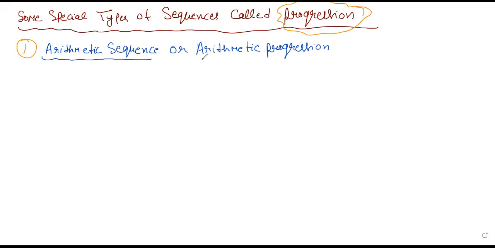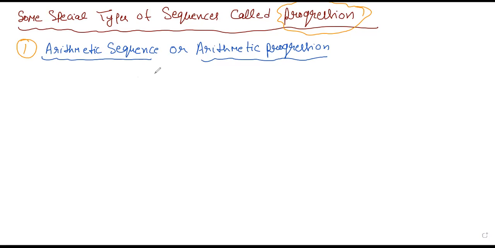Okay, so a progression is also a sequence, but we find some special rule, and with this rule we say these sequences are called progression. So what is the arithmetic sequence?